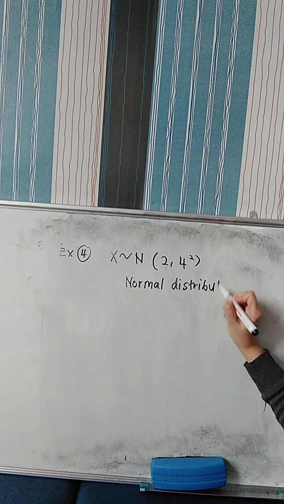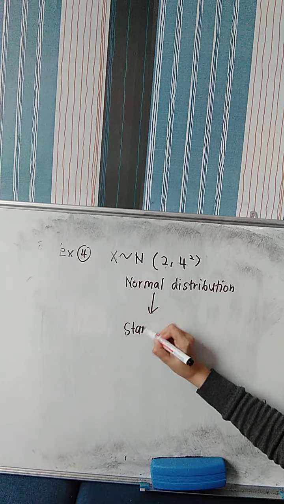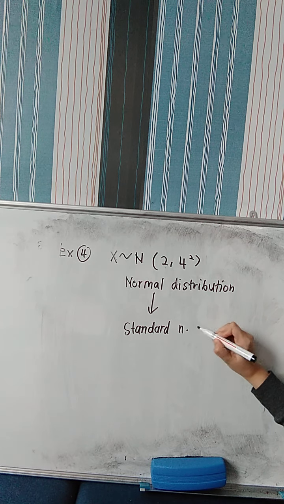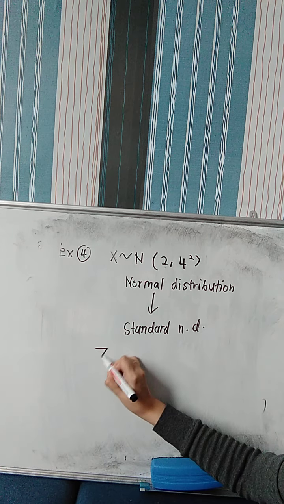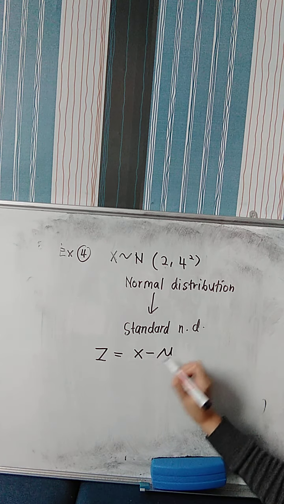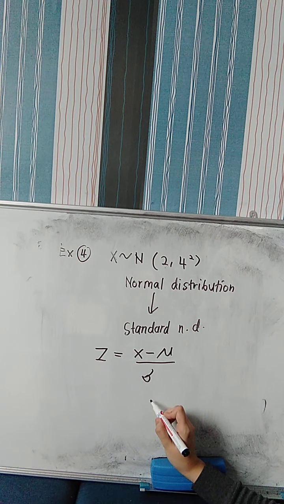So you need to change to standard normal distribution using the formula Z equal to X minus mu over sigma, the standard deviation.